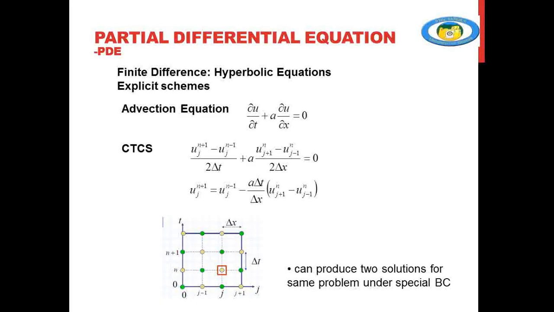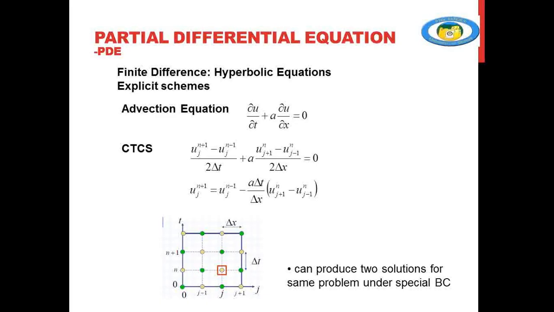So basically when the Courant number is 1, u_j^(n+1) is equal to u_j^(n-1) minus u_(j+1)^n minus u_(j-1)^n. So this scheme would have this problem. It may produce two solutions for the same problem under special boundary conditions.